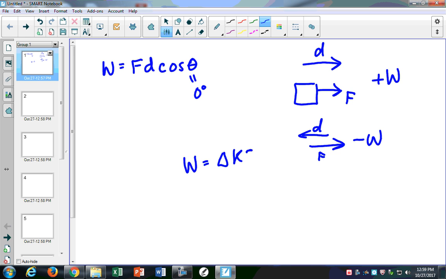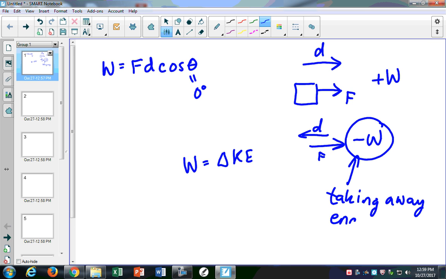In particular, we're looking at the change in kinetic energy. When a frictional force does work, it usually takes away energy, and that's what the negative means: the force is taking away energy. We'll look at some examples where these two come into play.